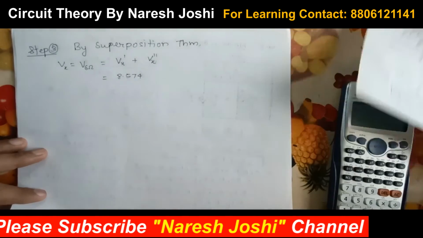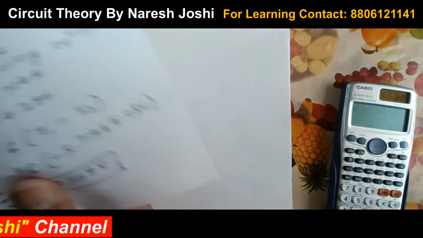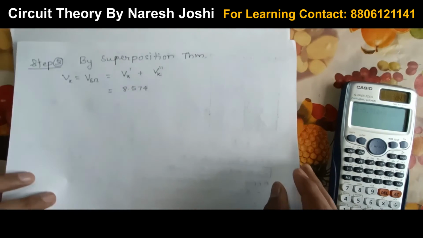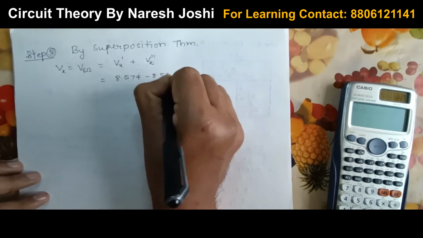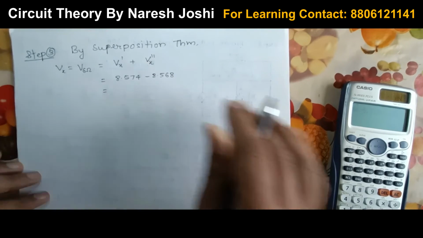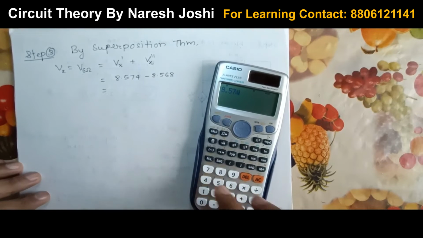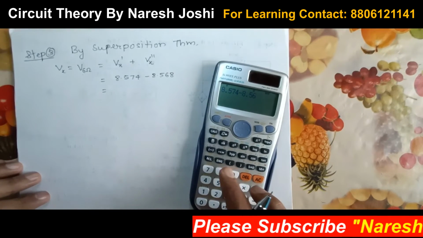Then you can see what we obtained for Vx double dash: minus 8.568. So I will write it here, minus 8.568, and we have to simplify it. So it is 8.574 minus 8.568.